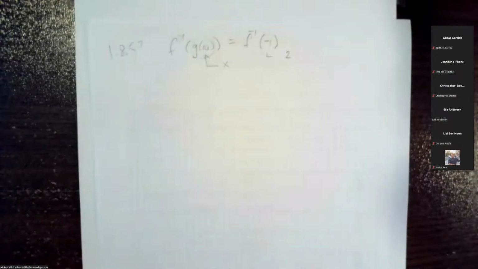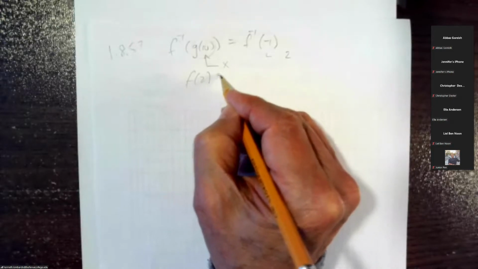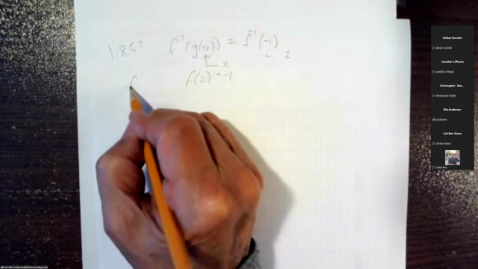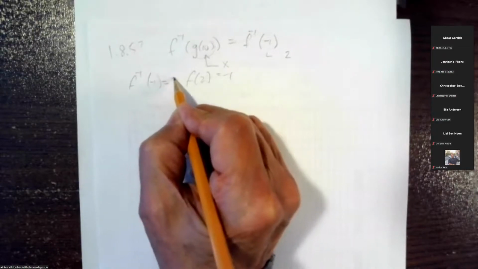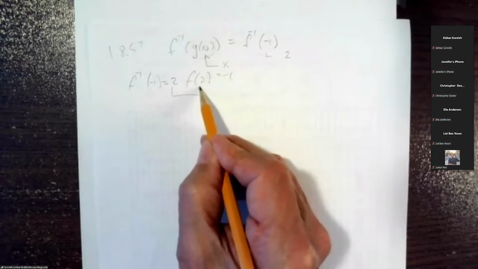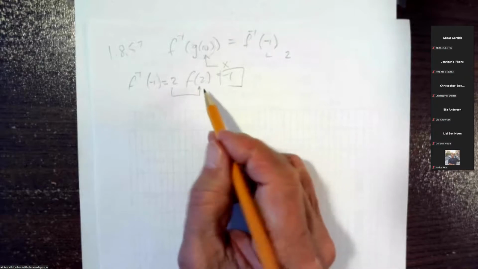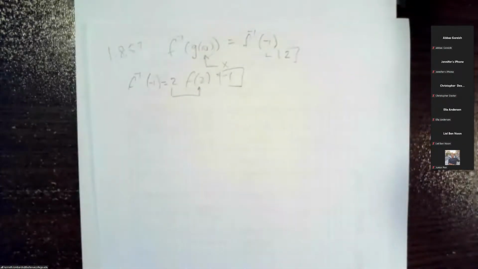It looks like F evaluated at 2 is -1, and if we back up, the inverse of F evaluated at -1 is 2. So we should get 2 and -1. Does that make sense? I think so, yeah. Okay.